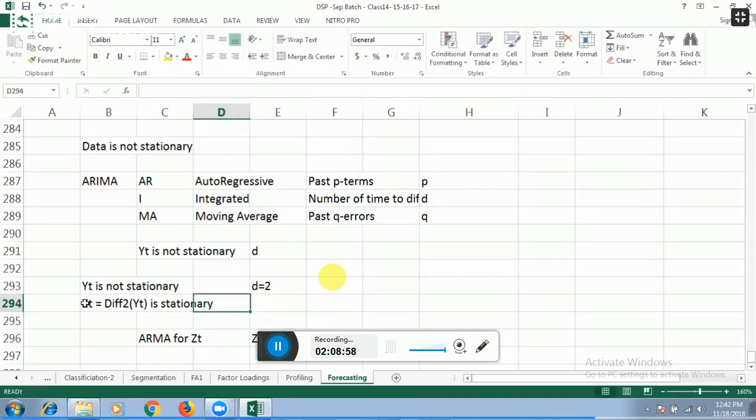Because when the series is not stationary, you convert it into stationary, then that series you need to use for building a model.